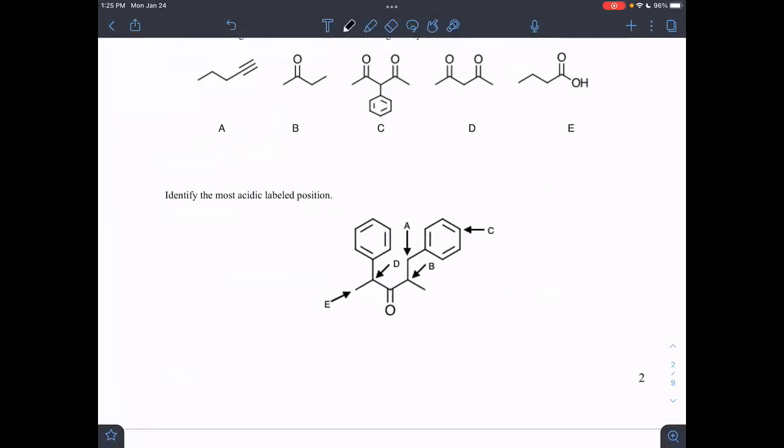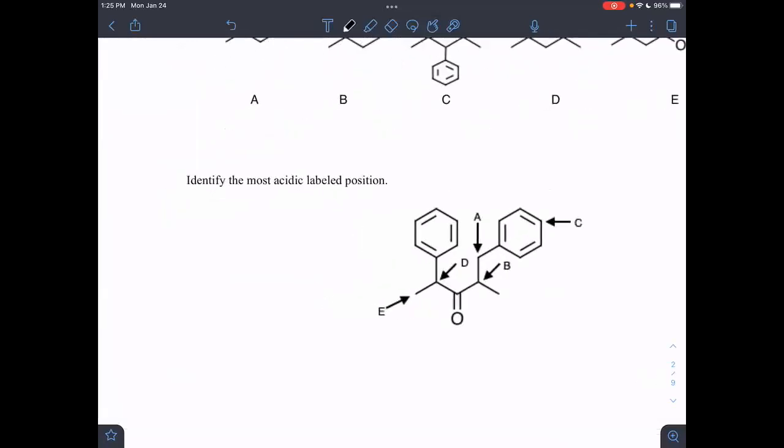But there is something important you all should know. Do you remember, well, let me just draw them out. There's a few positions for hydrogens that have special names and special properties, and they're important to know.